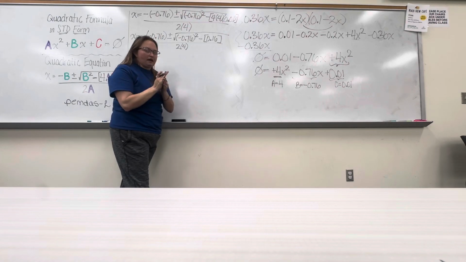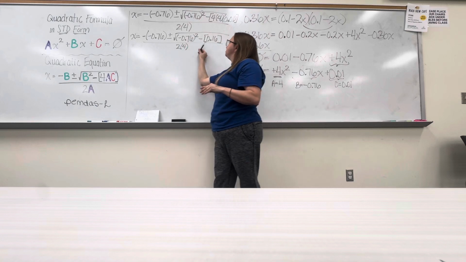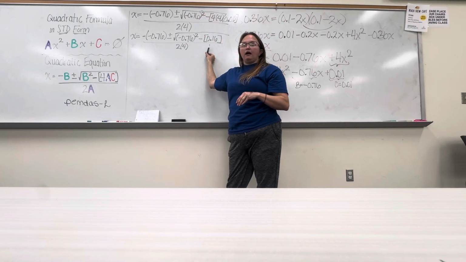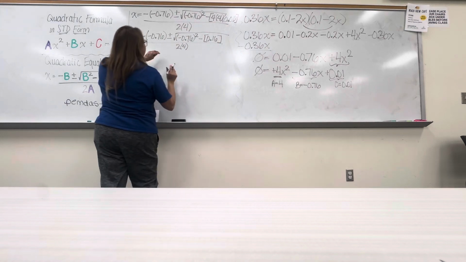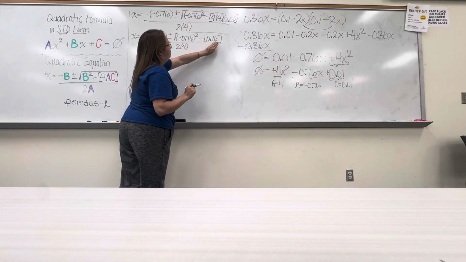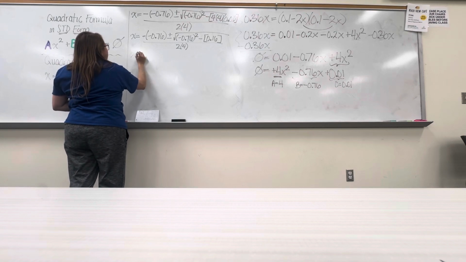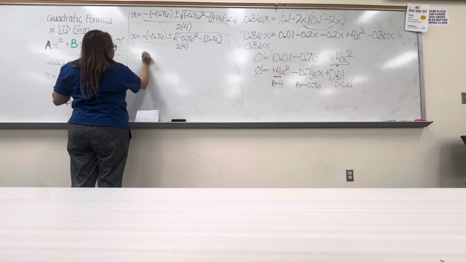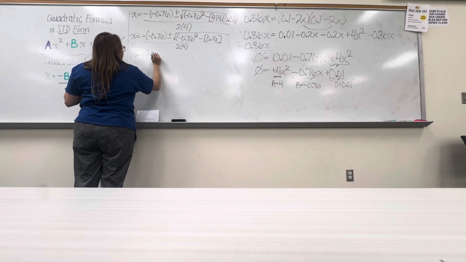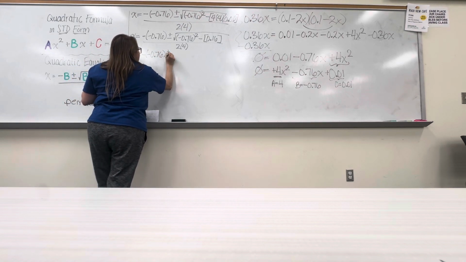We're doing this step by step so that you can follow along and make sure that you get the right answer under that radical, because that is the most important thing, okay? So you're subtracting that whole value. So x equals, let's go ahead and follow through with our order of operations, plus or minus.